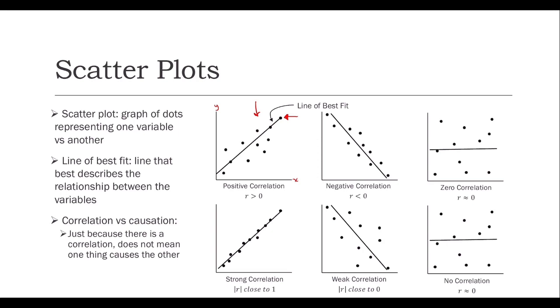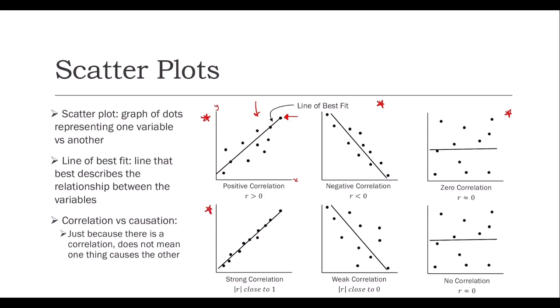Our first graph up here shows a positive correlation. So R would be greater than 0 because as X increases, Y is also increasing. Our second graph right here is a negative correlation because it's going down. And this third graph has 0 correlation, so R would be approximately 0 because the points just seem to be scattered all over the plot.